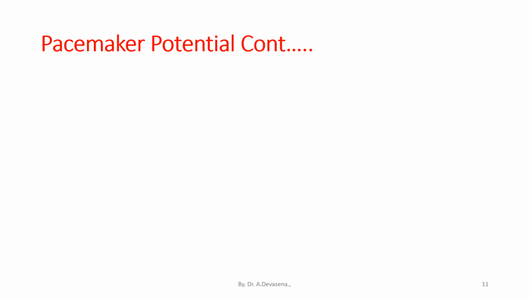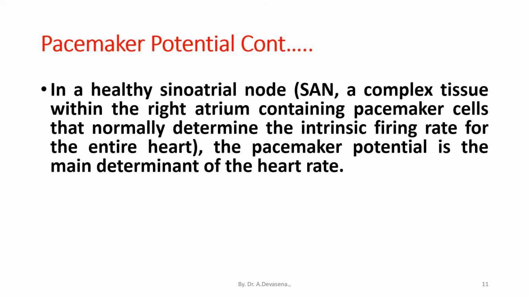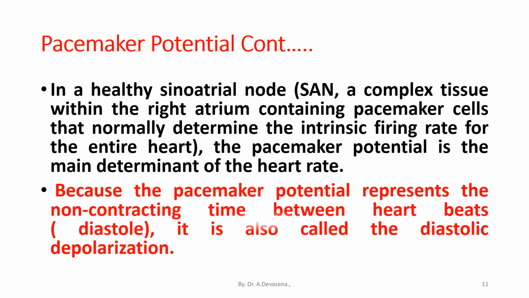In a healthy sinoatrial node, the pacemaker potential is the main determinant of the heart rate because the pacemaker potential represents the non-contracting time between heartbeats, that is diastole. It is also called the diastolic depolarization.